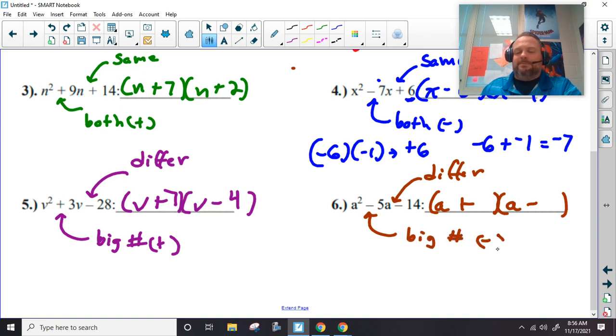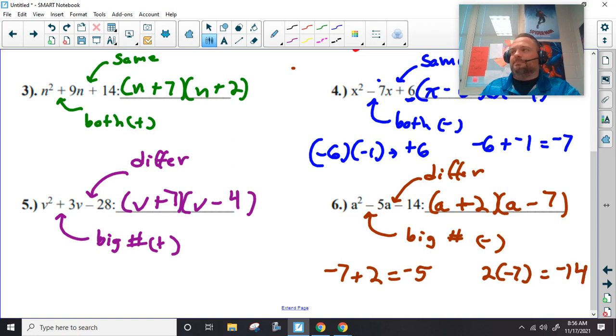Big number negative. Okay. So, what are two numbers that we know multiply to 14? That's not 1 and 4. 7 and 2. Which one's bigger? That's right, because -7 plus 2 is -5. And then, okay.